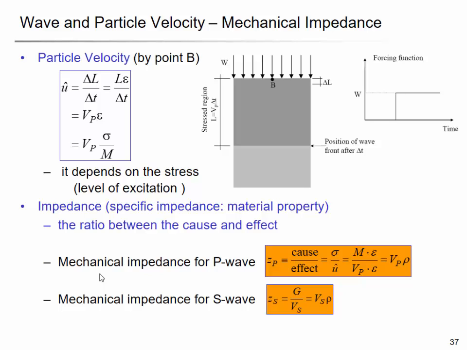Just ignore all the other parts. This is the one that you need to look at more. Z is the impedance, defined as the wave velocity times the density. I'll talk about the impedance more in the next slide.